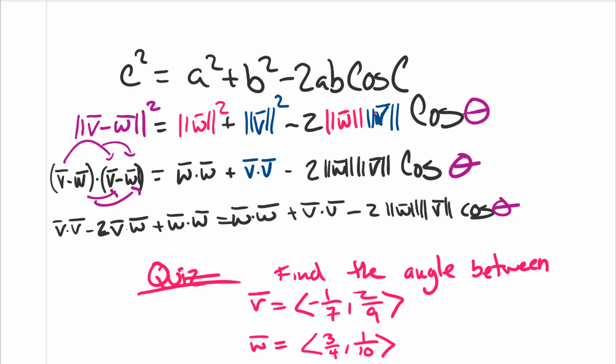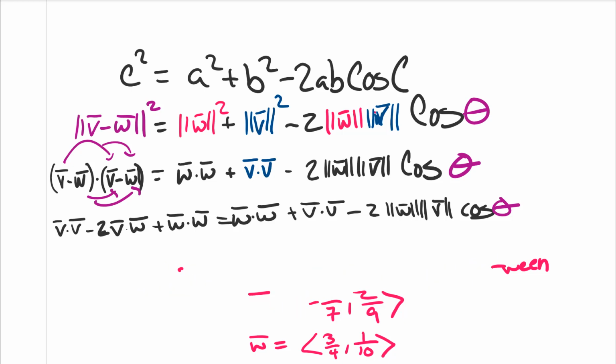So there it is. Your little hidden quiz here is find the angle between the two vectors, vector v, which is negative 1/7, comma, 2/9, and vector w, which is 3/4, comma, 1/10. Well, there's your quiz. Once, twice, 3 times. Done.